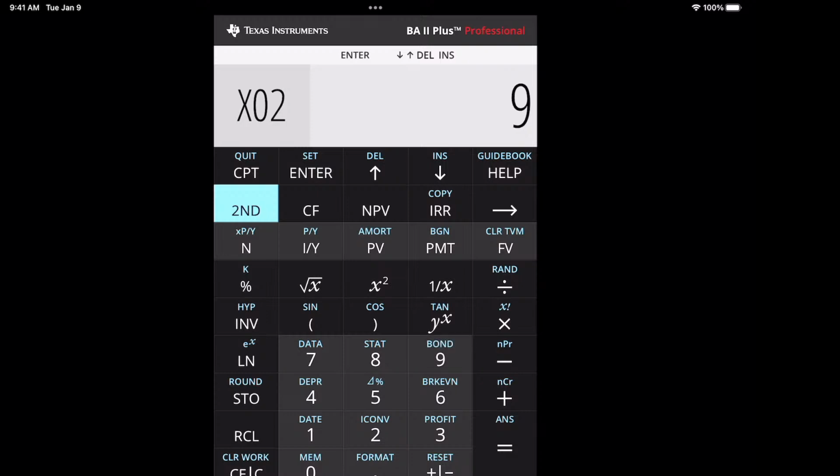The next pair, 9, enter, down. 18, enter, down. The third pair, 10, enter, down. And 20, enter, down. The fourth pair, 7.5, enter, down. And 15. Is everybody okay? And then 8, enter, down. And 16, enter, down.